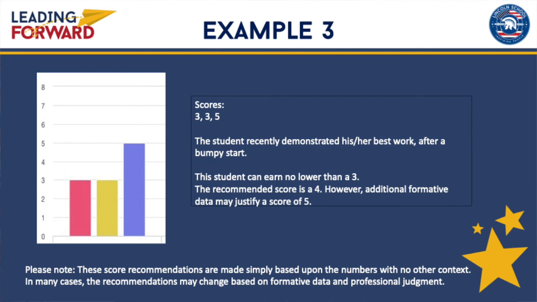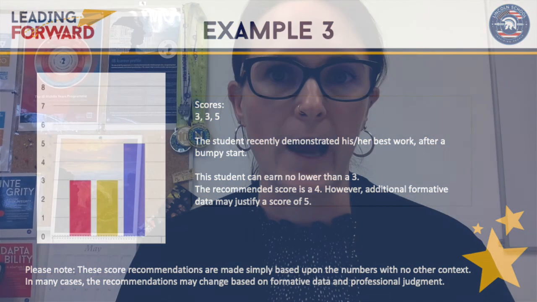However, a recommended score of a 4 would be justified, or if you had additional formative data or reading the descriptors from the criterion, the assessment criterion rubrics in the MYP subject guide, you could justify a score of a 5 because that's where the student is working right now.